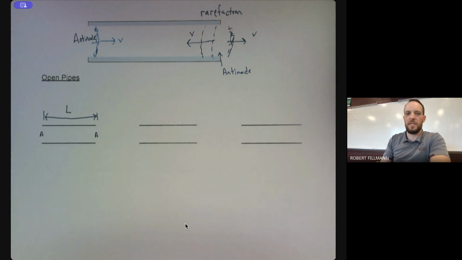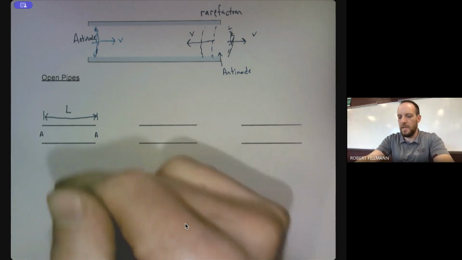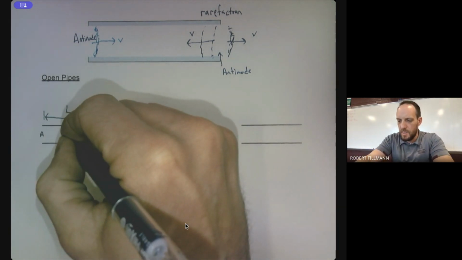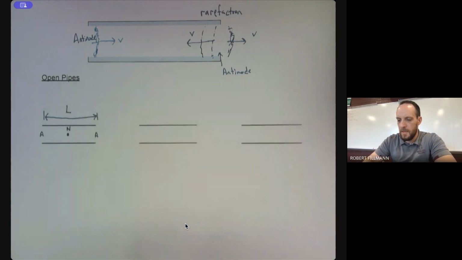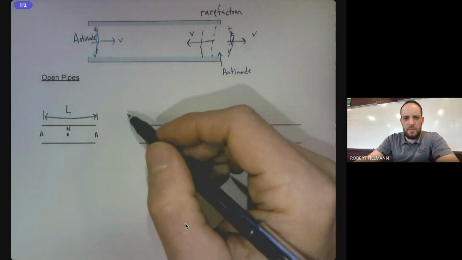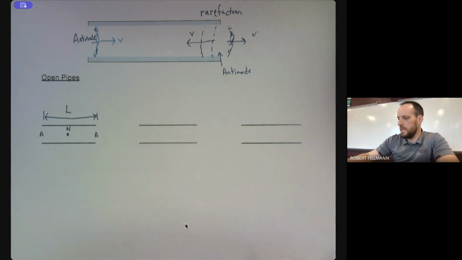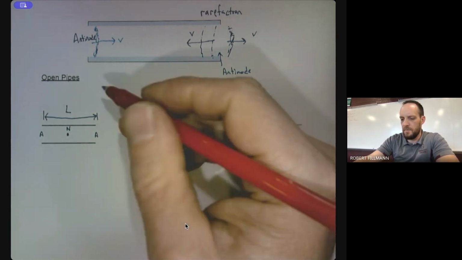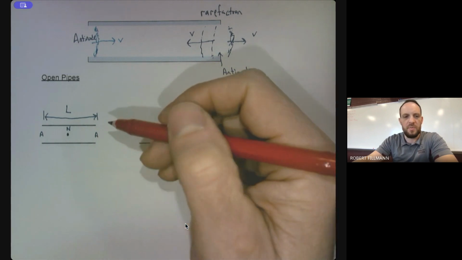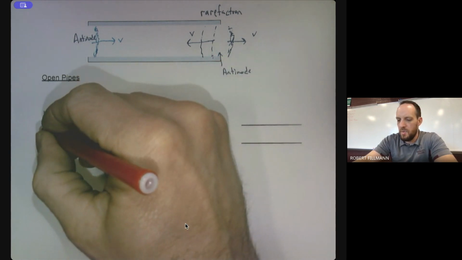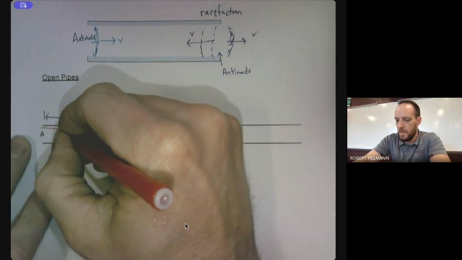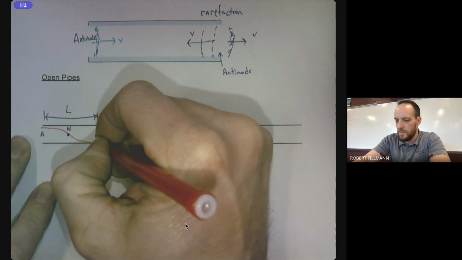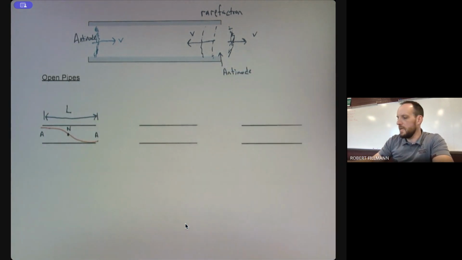What's the simplest possible pattern that can have an antinode at either end? Since nodes and antinodes alternate, there has to be a node in between. And I know these things are vibrating left and right, but we're going to draw them the same as we draw transverse waves in a string, just to show that the fluctuations have maximums in certain places and no fluctuation in others. So I can do something like this, going from node to antinode.